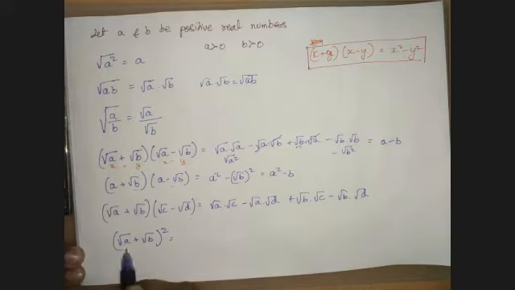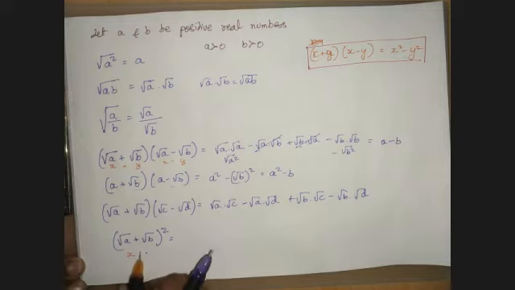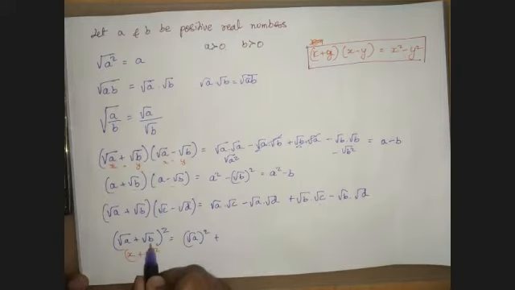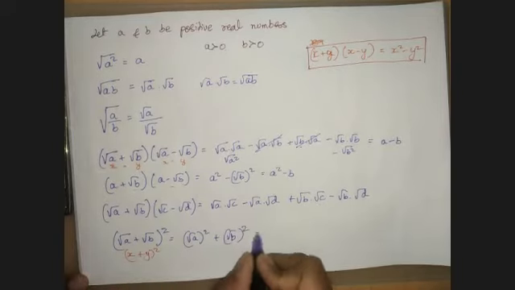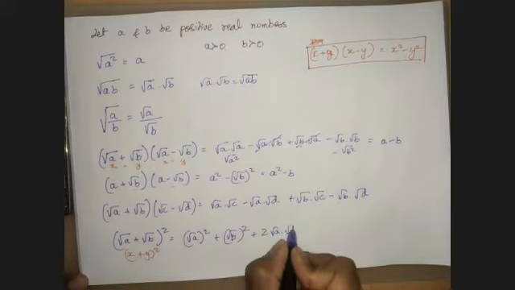Now next one is root a plus root b the whole square. We can do this by normal multiplication method, or we can just use the formula. That is, we can take this as (x + y) the whole square and expand it as we do. It is x square, that is root a the whole square, plus root b the whole square, plus 2 into root a into root b.